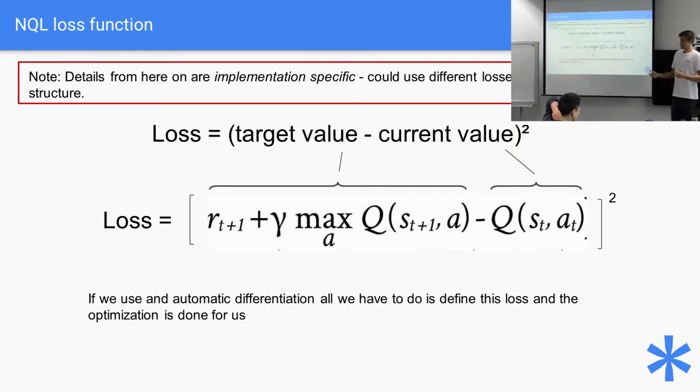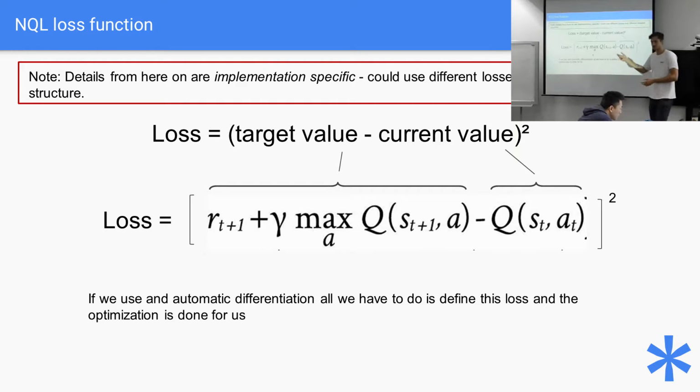So all we have to do is say, okay, this is it. We can calculate this by our exploration policy. We can get all these values empirically. We follow this formula, and then we just feed it into an automatic differentiation library, and it should converge the neural network to our Q function. We should have an optimal Q network, and then we've solved that problem, right?